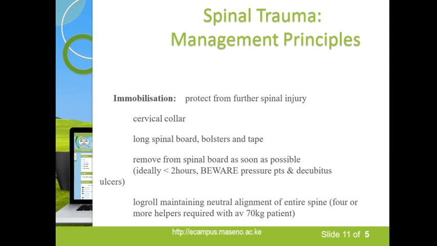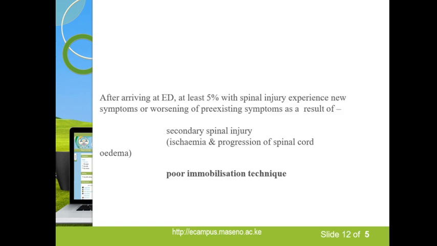It should be removed. And basically, for a first aider, or for the care before the hospital, the focus is immobilization, monitoring the stability of the casualty, and ensuring prompt referral of the casualty.